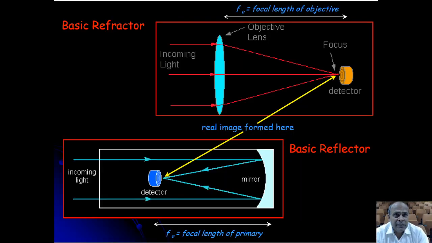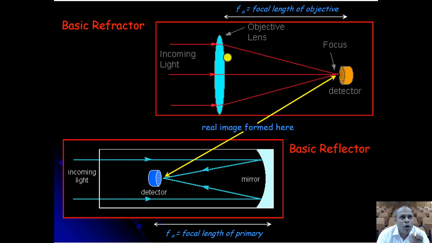So basic features, let us discuss. There are two types of optical telescope, as you all know. One is a refractor telescope, where incoming light falls on this objective lens, and then it focuses at the focal plane, and then it is recorded by some detector.